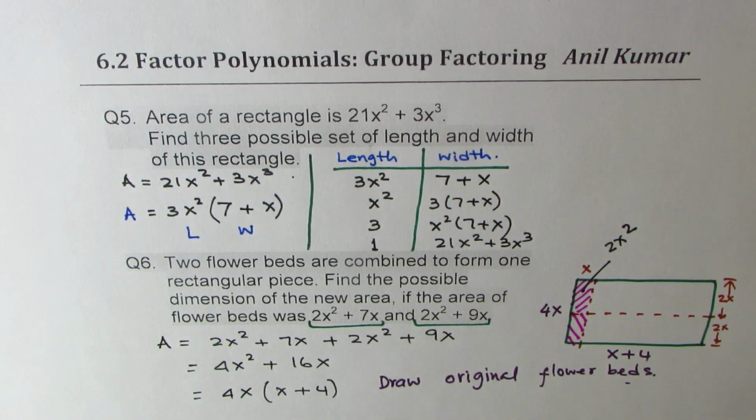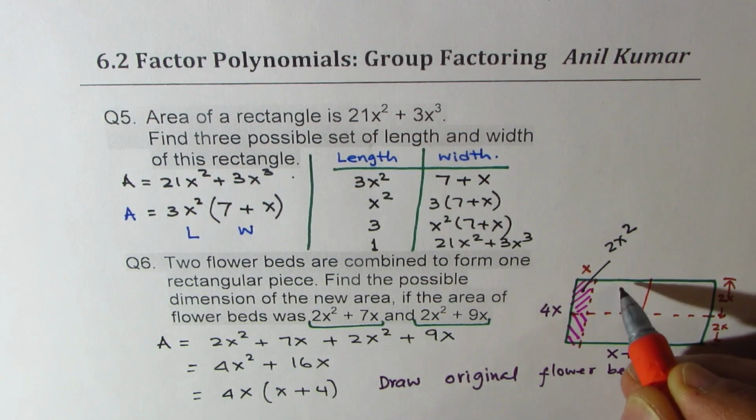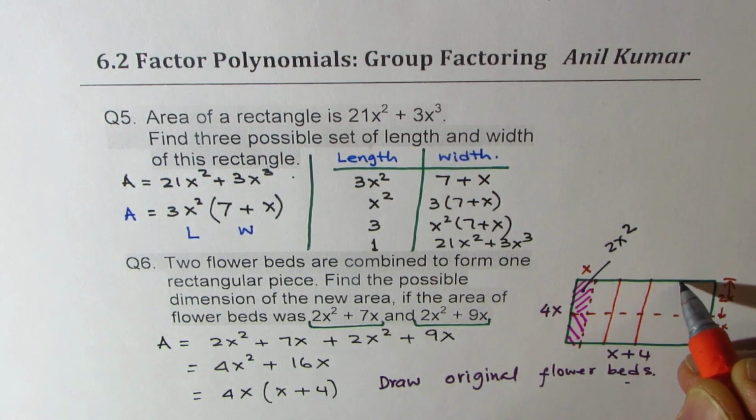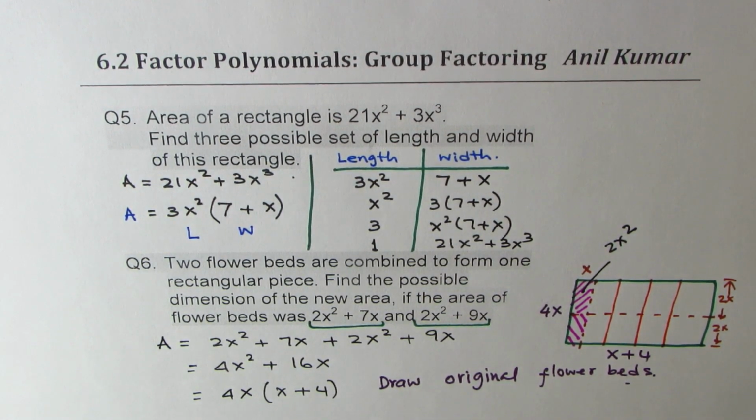Now, plus 4 means that horizontally we have divided this into x and then these 4 pieces. So let me just make quarters. So these are the 4 pieces. Do you see that? So you get x plus 4.